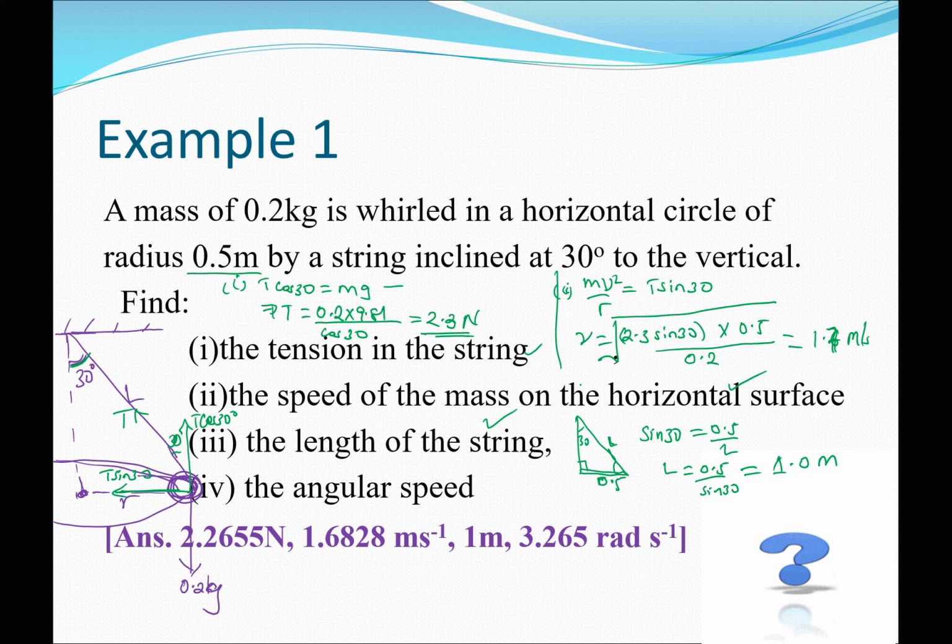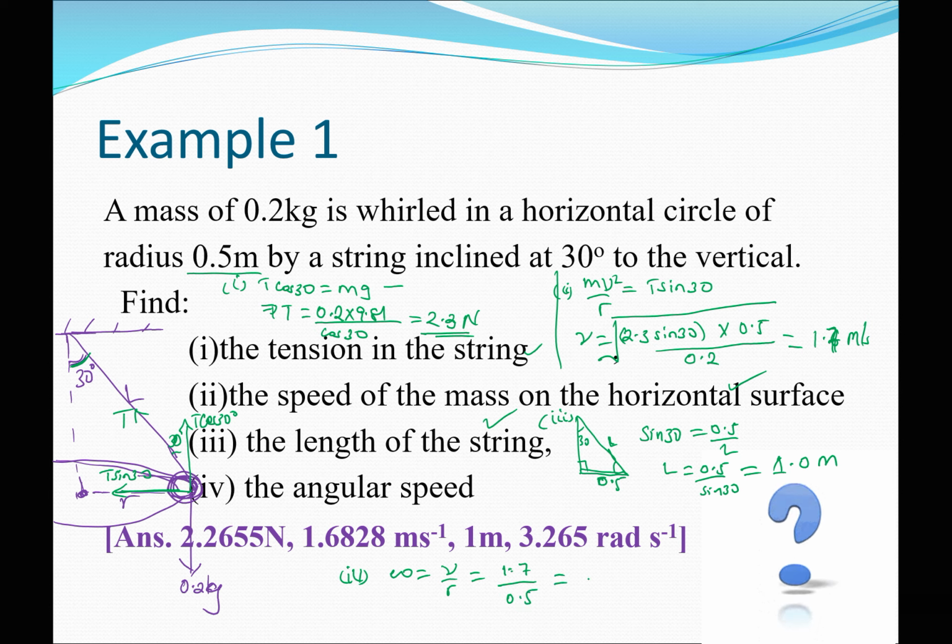Then the angular velocity, so this was part 3. The angular velocity, that is going to be part 4. The angular velocity is omega, which is going to be v divided by r, and v is approximately 1.7, divided by the radius, which is 0.5.